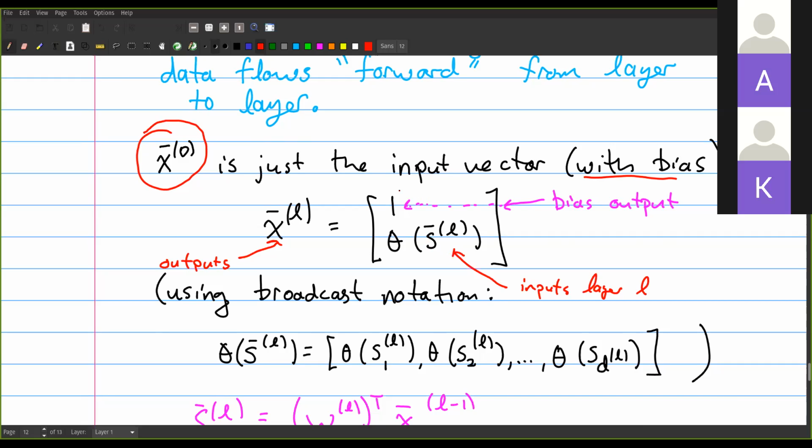But the bias node should have an output. So that's why this 1 is here. The bias node will have an output, which will be this 1, but it doesn't have an input.